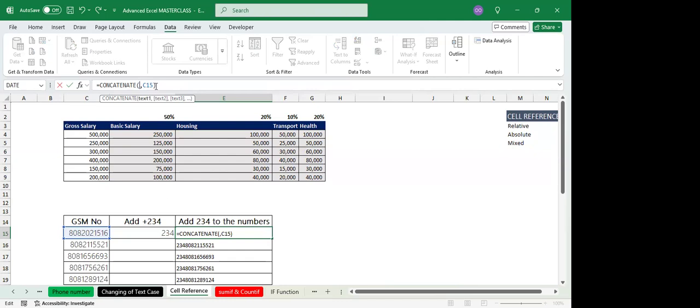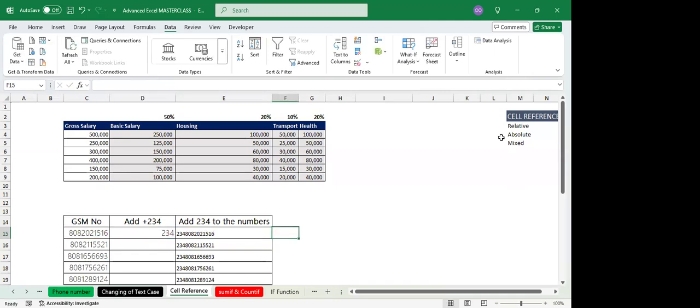Let me try it and make sure that it actually works before I type it out. All right. So for relative cell referencing, the shortcut is FN F4.